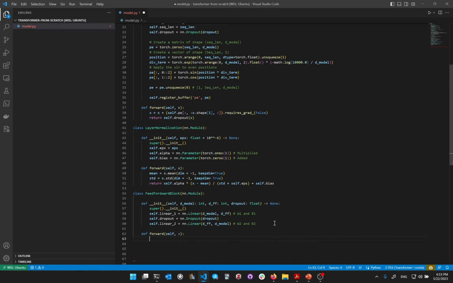In this case, what we are going to do is we have an input sentence which is a tensor with dimension batch, sequence length, and D model. First, we will convert it using linear 1 into another tensor of batch, sequence length, DFF, because if we apply this linear, it will convert the D model into DFF, and then we apply the linear 2, which will convert it back to D model.